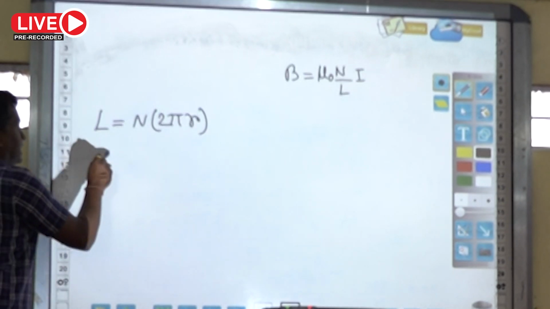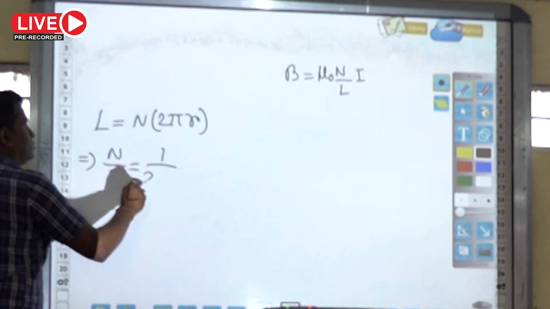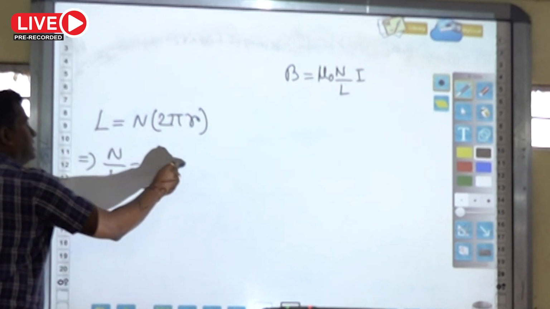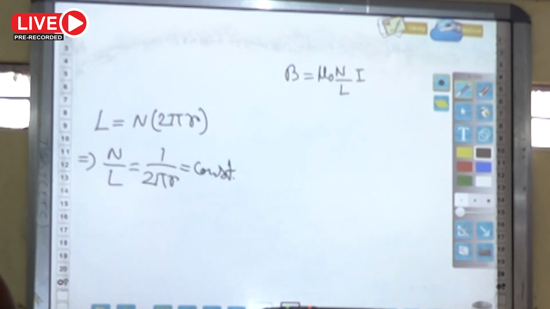So this N by L ratio is 1 by 2 pi r, that remains constant. Since R is not changing, the N by L ratio will remain constant. Means if L is doubled, N is also doubled.